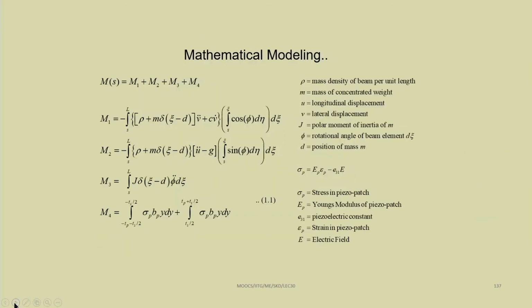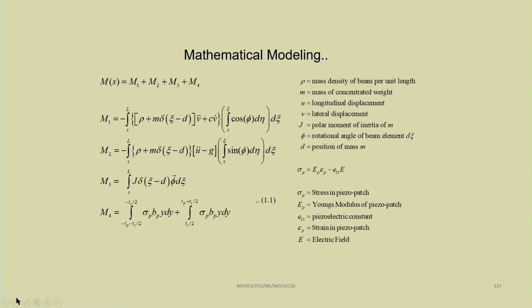Now, like in the previous case, here also we can derive the equation of motion either by using Newton's second law, or Hamilton's principle, or an energy based principle like Lagrange's principle, or by using Newton or D'Alembert principle. We can write the bending moment M at a section S as M1 plus M2 plus M3 plus M4.